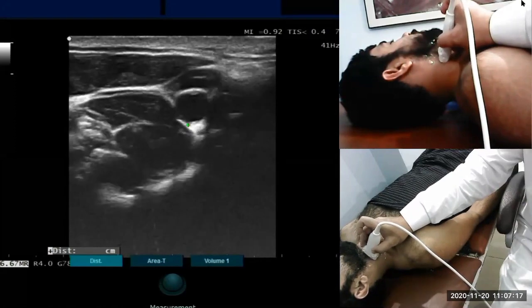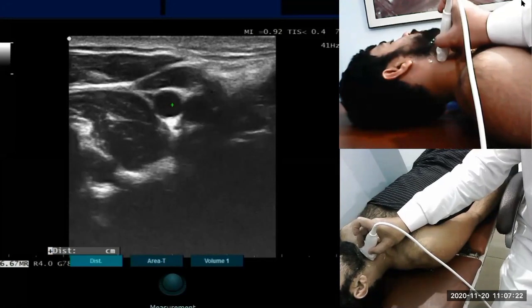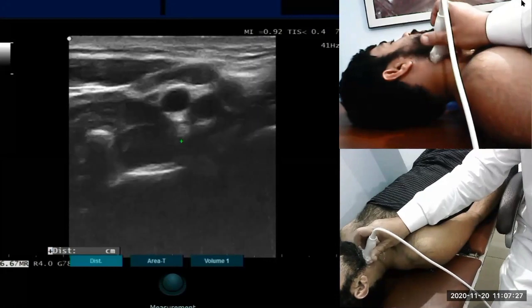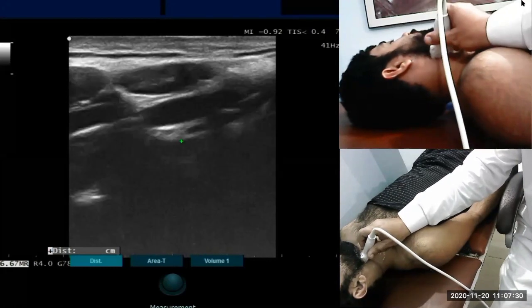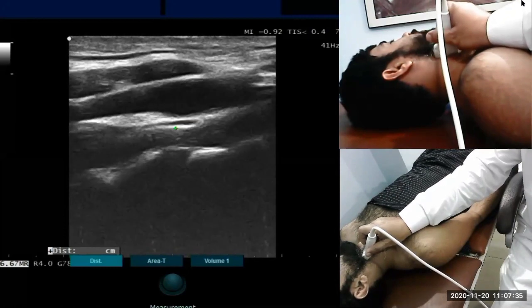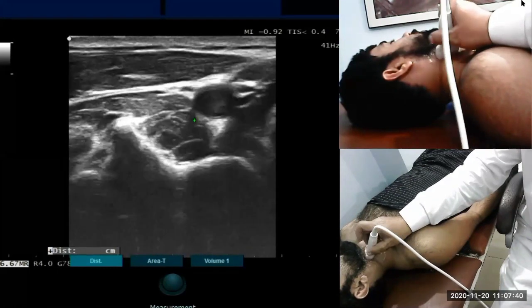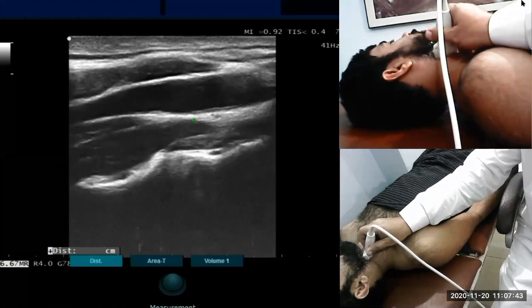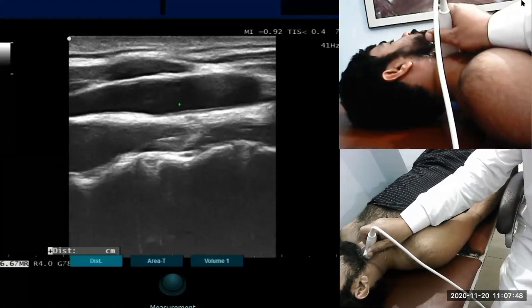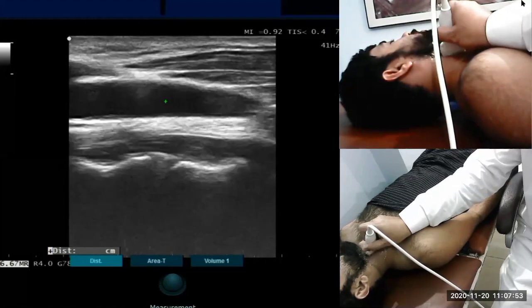Why we should know which one is internal and which one is external is because mostly, almost always, you will see the atheromas developing either in the internal carotid or in this bulb, the carotid bulb of the common carotid artery.